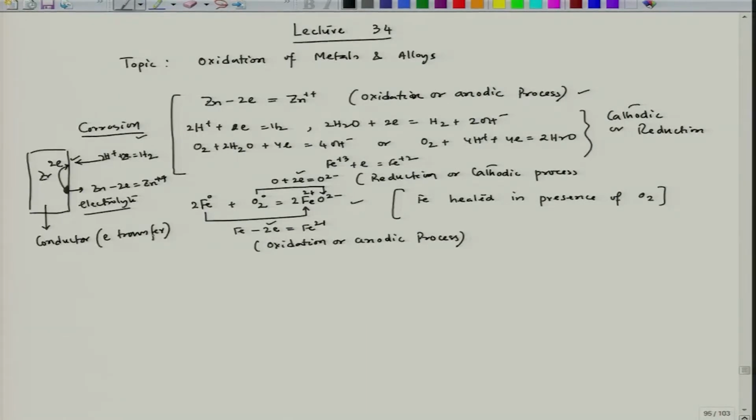Fine. So, that is what this is: an electrochemical process where we have 4 components.